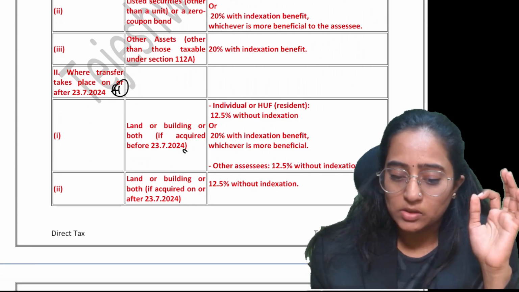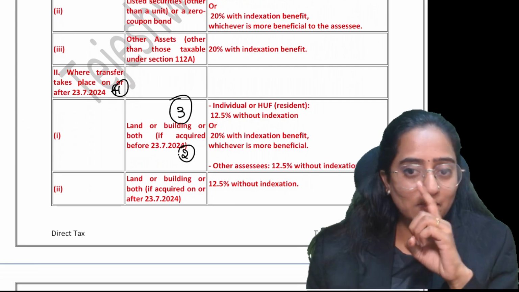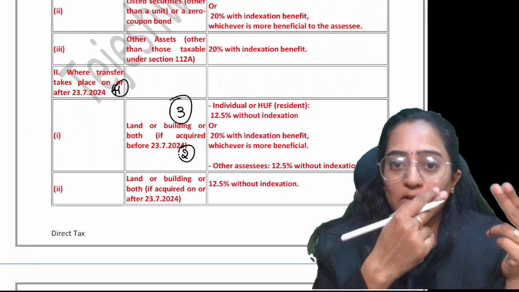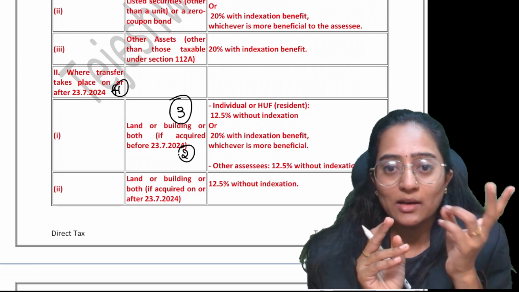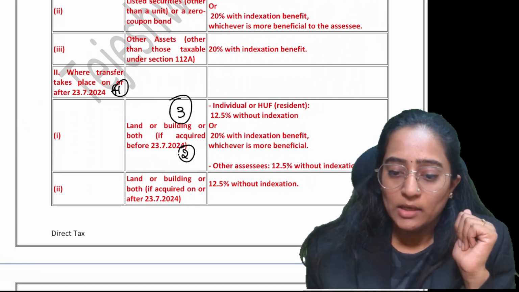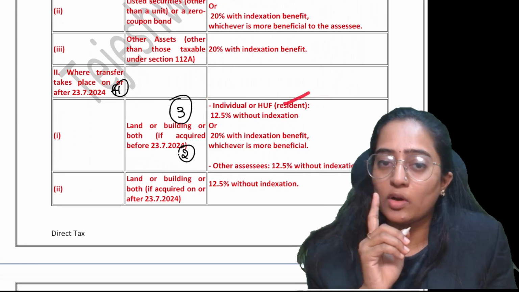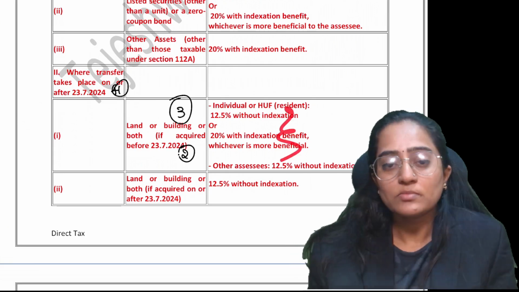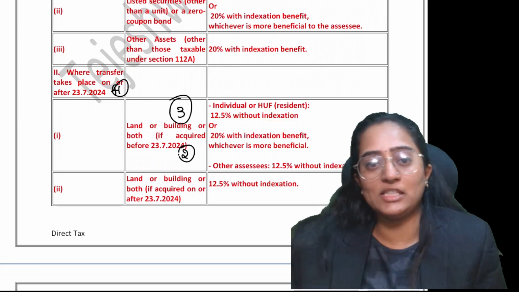One clause, 2, 3. This is our AND clause. If you have transferred it after 23/7/2024, if you have purchased it before 23/7/2024, and it is land, building or both, either land or building, or it can be both for that matter, and you are an individual or an HUF, that too a resident, you have the option of 12.5% without indexation or 20% with indexation benefit.